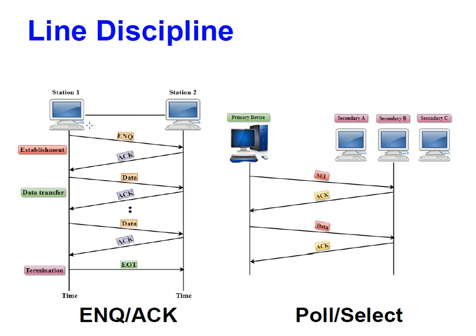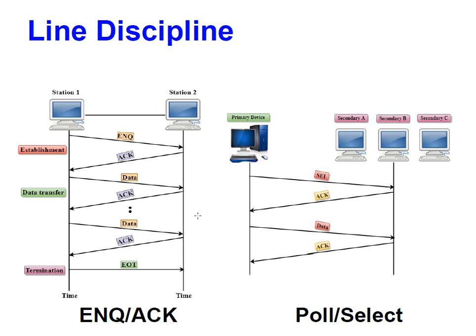Station 1 inquires whether station 2 is ready to receive the data or not. Once station 2 responds with an acknowledgement, then station 1 sends the data, and station 2 will acknowledge.